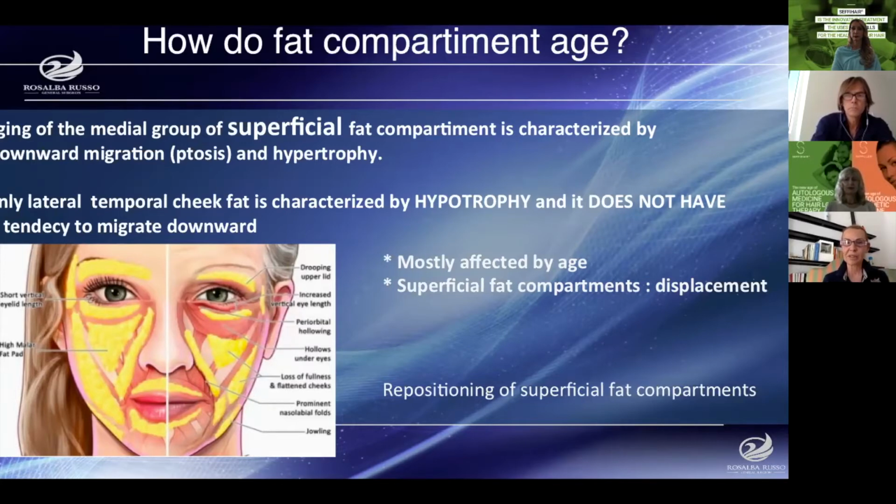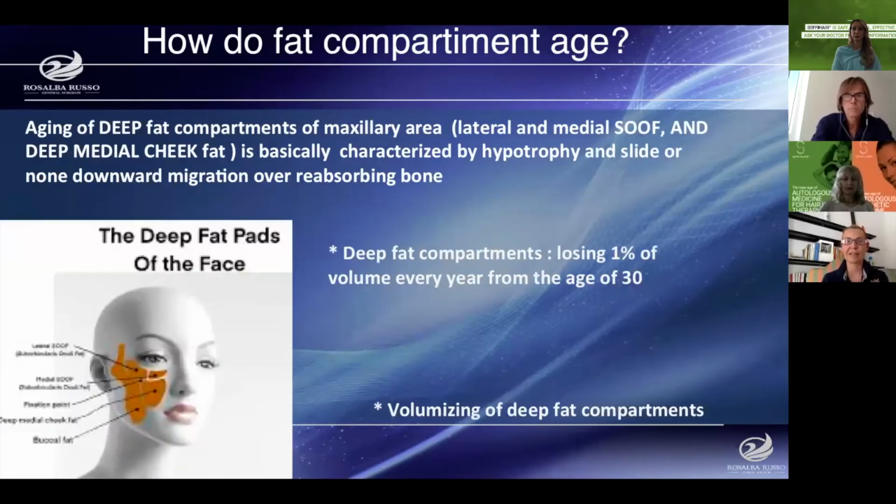It's very important to remember that for the superficial fat compartment, the only treatment you can do is the medical lifting. You have to tighten this compartment and reposition the superficial fat.